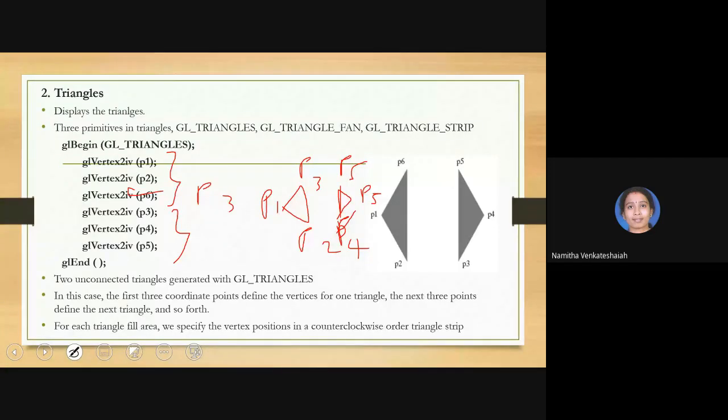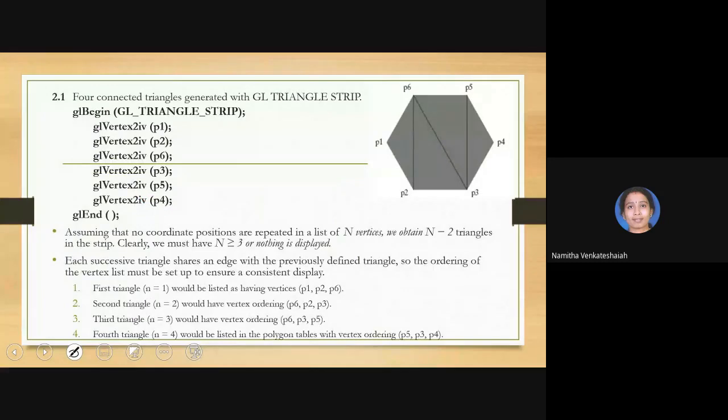Next, triangle strip. The first triangle, n equal to 1, will use the first 3 vertices. After that, for the second triangle, the edge of the first triangle will be used. Look here: P1 to P2, and P2 to P6, one triangle will be drawn.